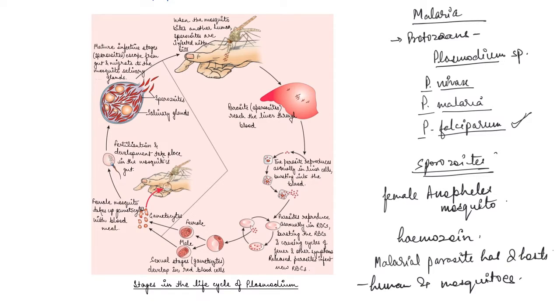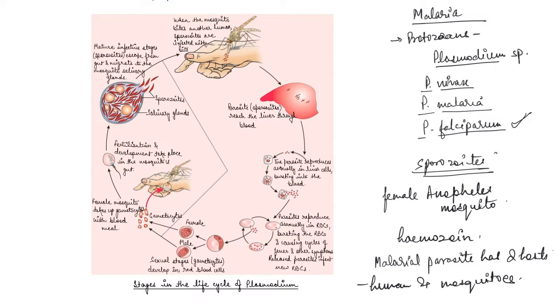They need both human and mosquito in order to complete their life cycle. Remember that. And the female Anopheles mosquito is a vector as well, so it is one of the hosts as well as the transmitting agent.